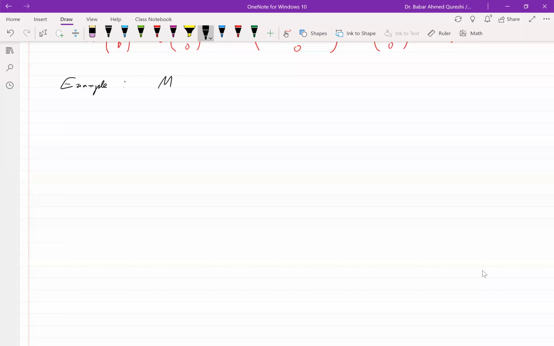You have an m by n matrix. Now, what would be the zero vector over here? The zero matrix.